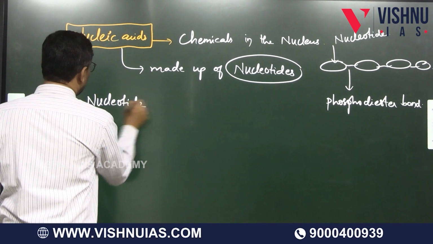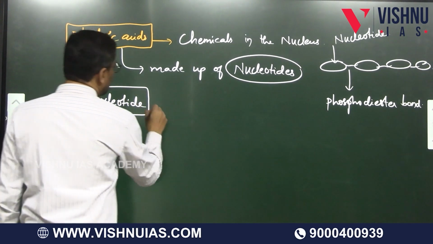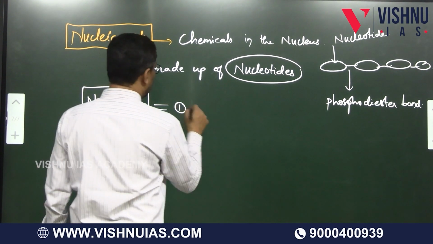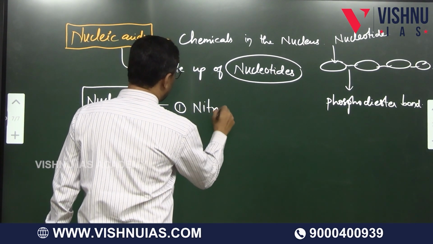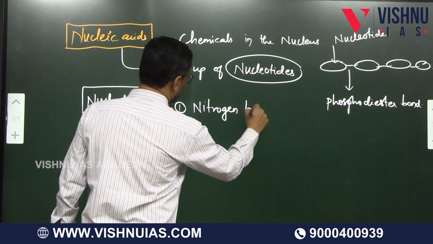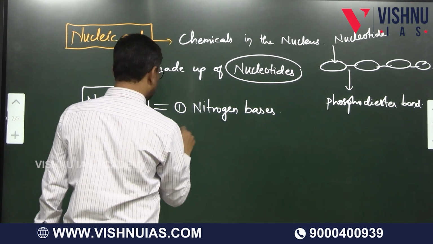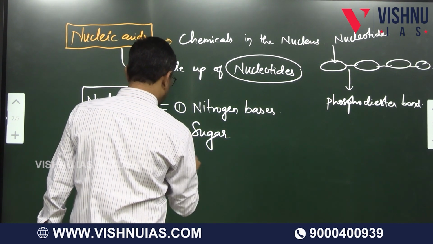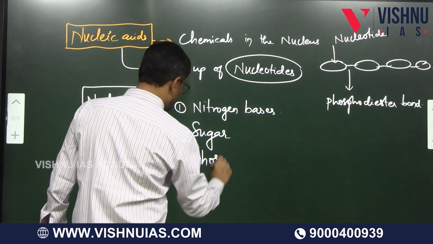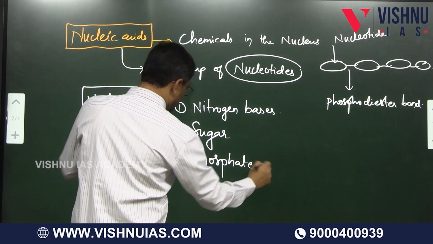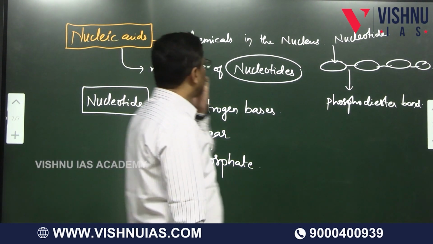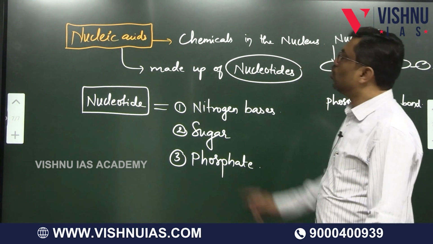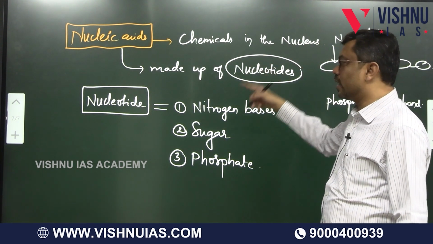Now let us see the composition of the nucleotide. This nucleotide is made up of three components. What are they? Nitrogen base, sugar and phosphate. The monomers of the nucleic acids are called nucleotides.